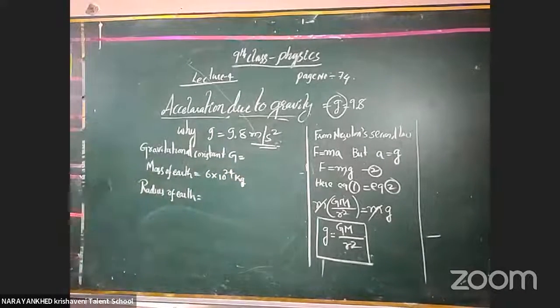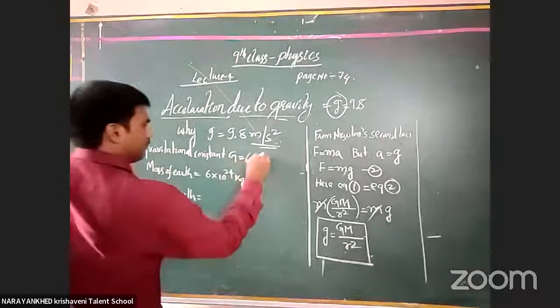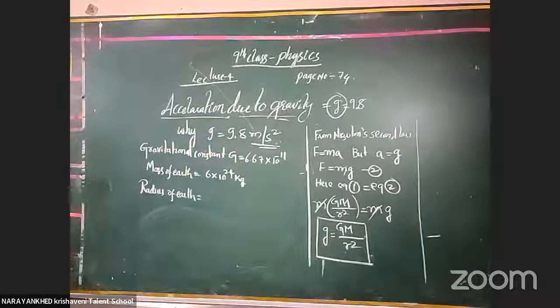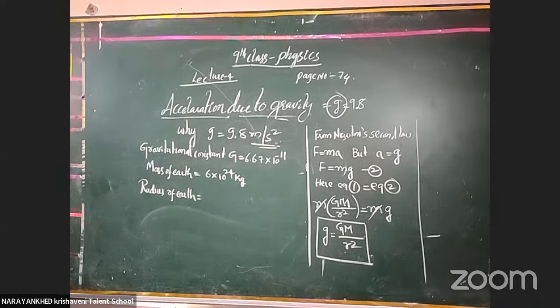And the gravitational constant value is 6.67 into 10 to the power of minus 11 Newton meter square by kg square.